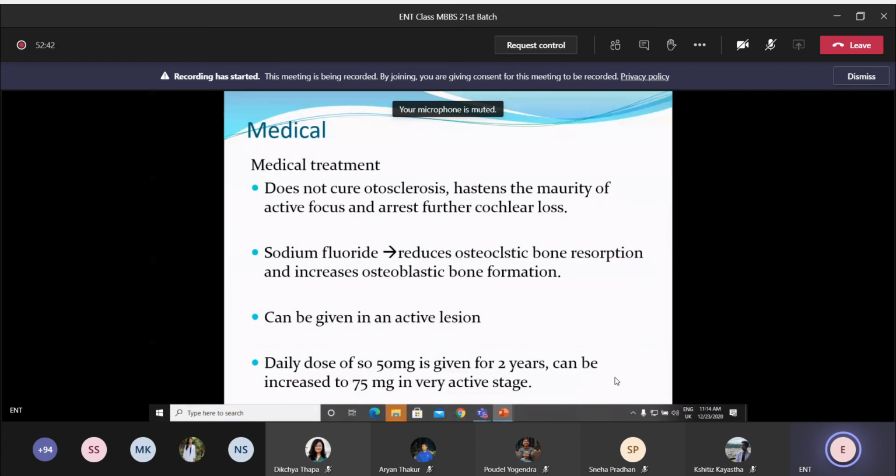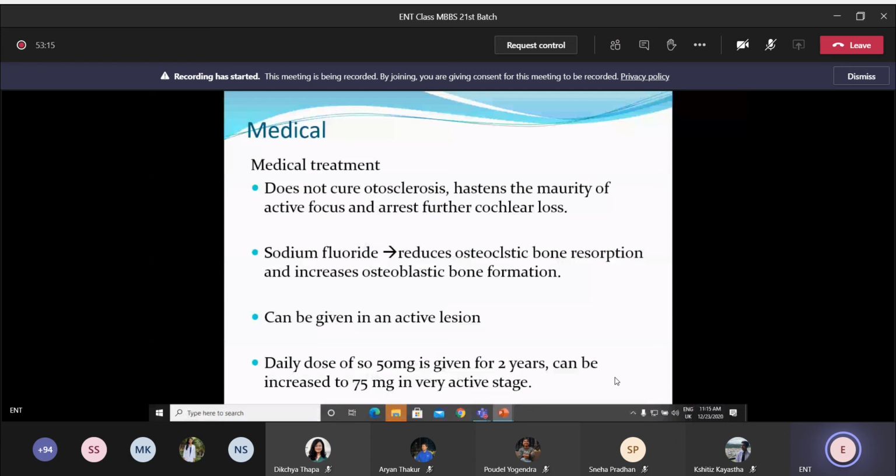Now the medical treatment, even if you do medical treatment, it does not cure otosclerosis. What it does is it only hastens the maturity of the active foci and it arrests further cochlear loss. So what is the drug that you give? That is sodium fluoride. Sodium fluoride can be given in a daily dose of 50 milligram, for 2 years, and can be increased up to 75 milligram in a very active stage.